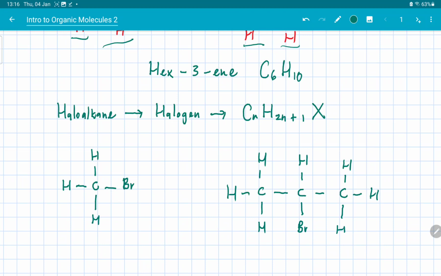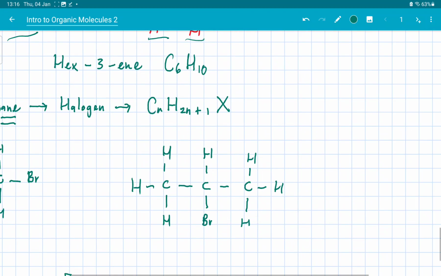Okay, let's start with example 1. So, if you remember, the haloalkane normally ends with A and E. Now, we have to check which type of halogen is present. It's a bromine. So we start with bromo.